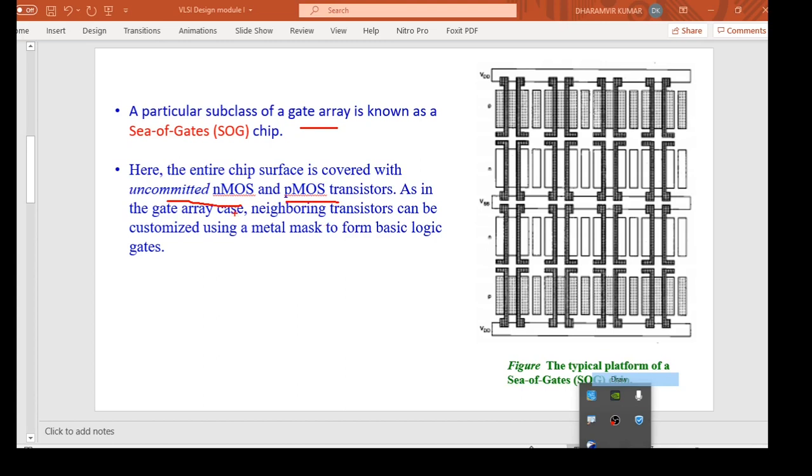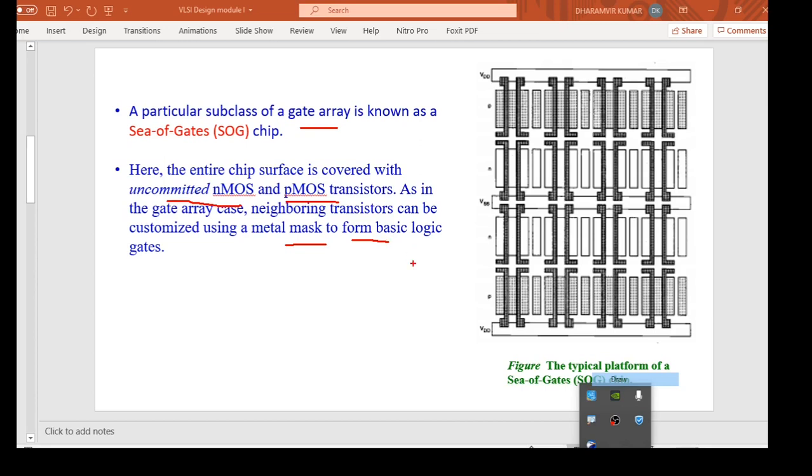As in the gate array case, the neighboring transistors can be customized using a metal mask to form basic logic gates, right? Again, metal masks are used everywhere for forming connections between different transistors. So here also metal masks are used for fabricating metal interconnections on the top of these uncommitted transistors.